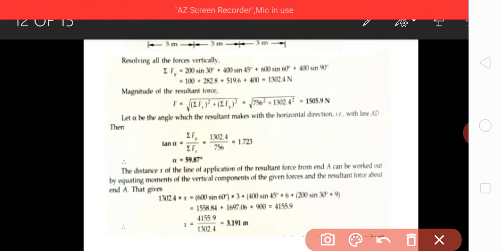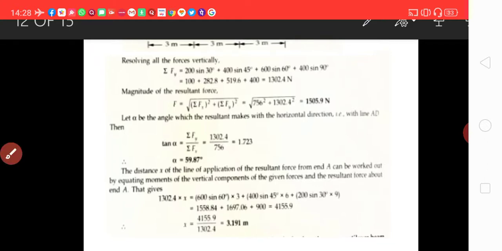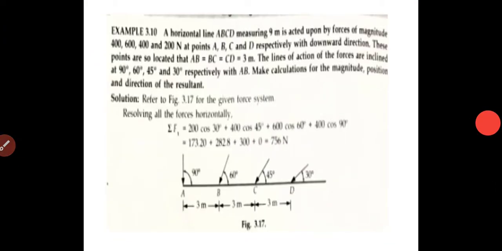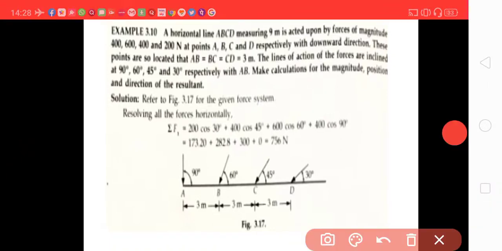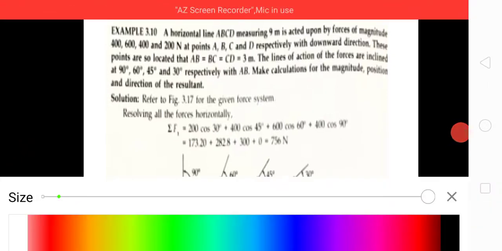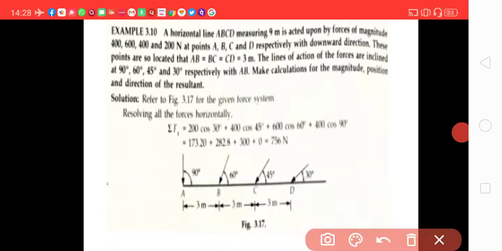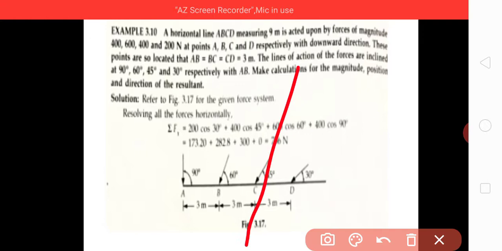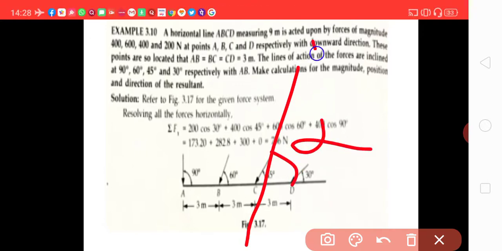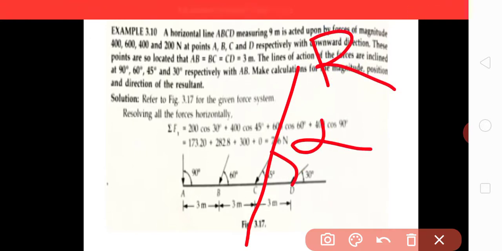Now let the resultant make an angle alpha with the horizontal.